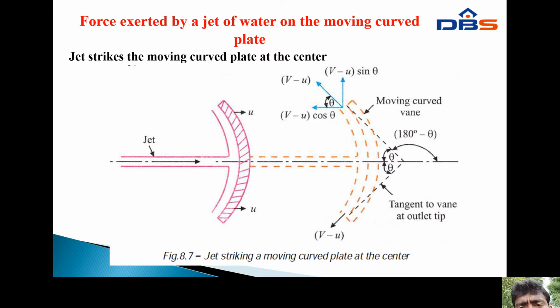For the moving vane, the angle of inclination theta is the upward direction, and the jet leaving direction is at theta equal to 180 minus theta, the inclination angle of the leaving water, tangent to the vane at the outlet tip.